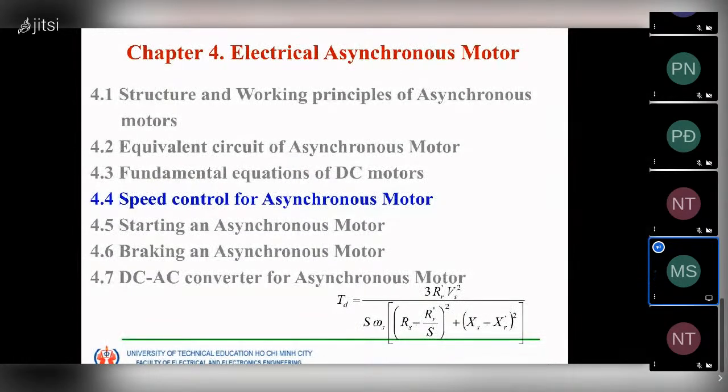Tell me, how many speed control methods do we have? Let's find out the parameters in this torque and speed characteristic. Tell me. The first one.